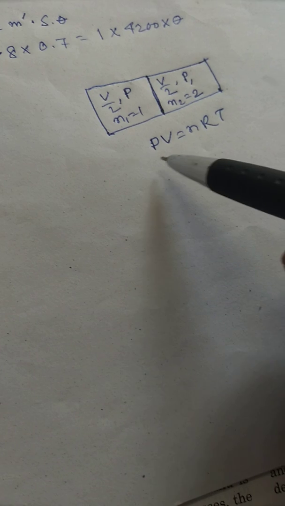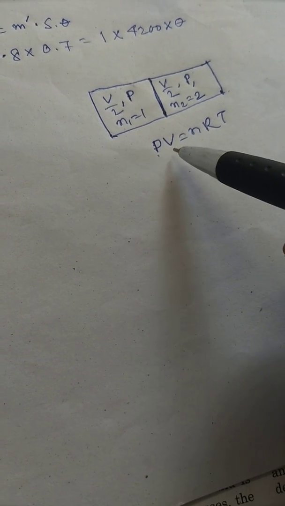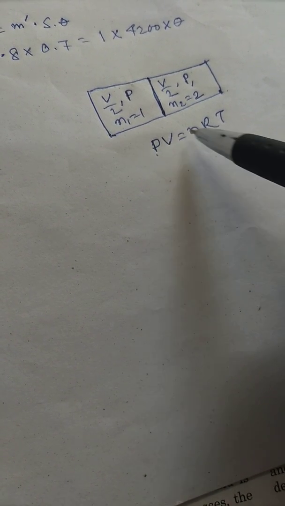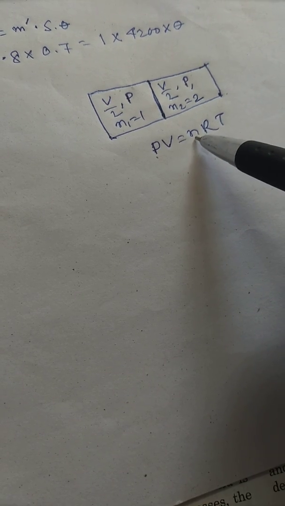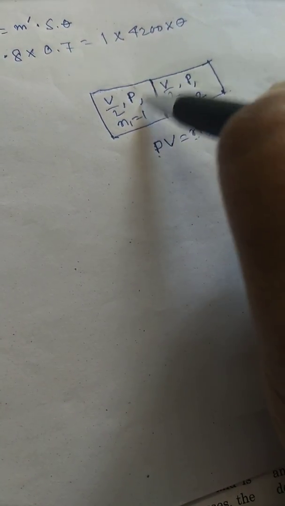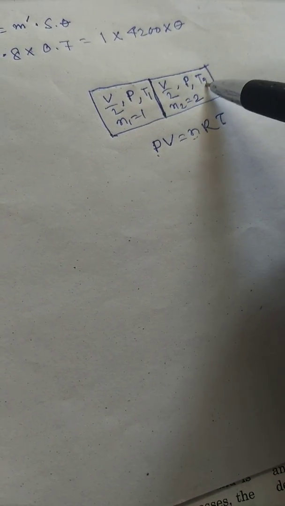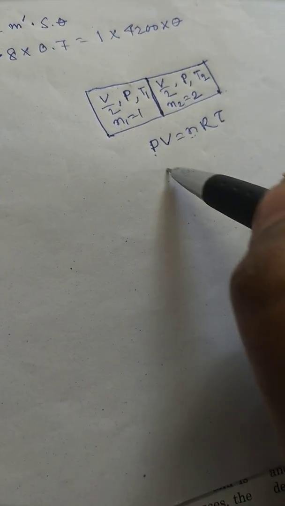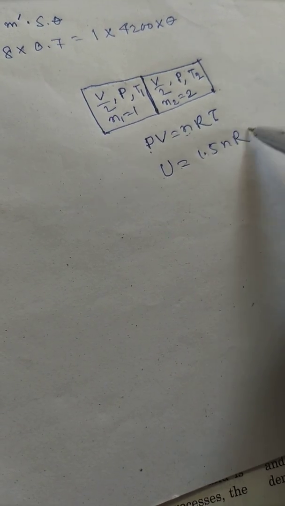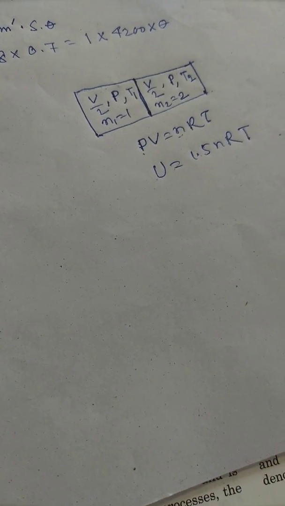Look, both the parts have same P, same V, but the number of moles are different. That's why temperatures will be different. So let me consider its temperature is T1 and its temperature is T2, right? And the gases follow the internal energy equation 1.5 nRT.